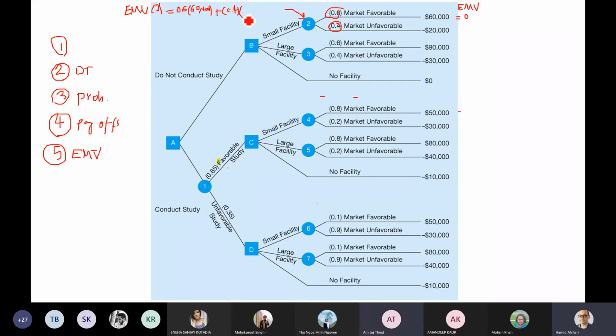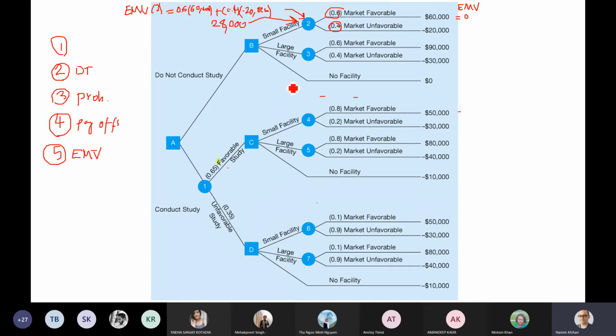Minus 20. And the result is 28,000. $28,000. And this is the number that belongs to node number 2. So we expect that under these situations, we will earn $28,000 out of a small facility when we do not perform any pilot study.